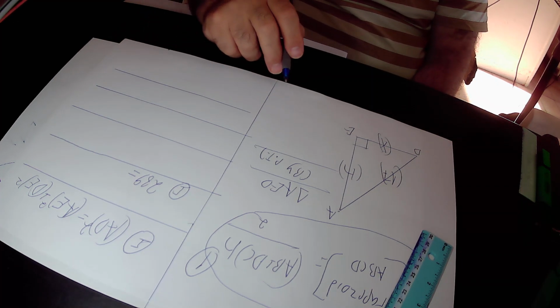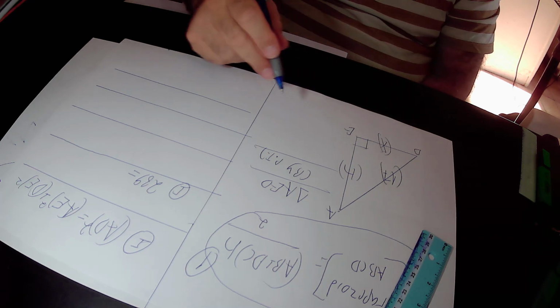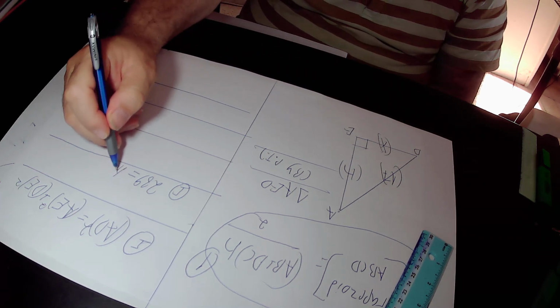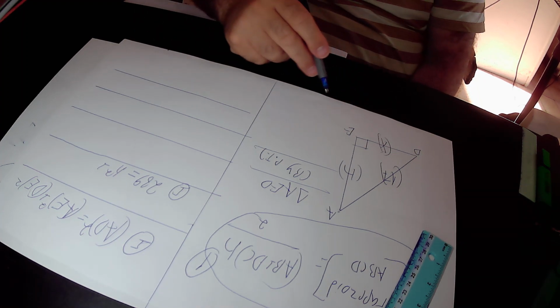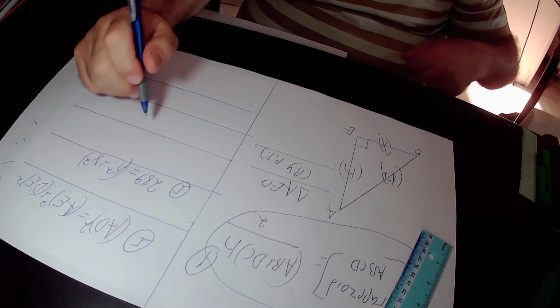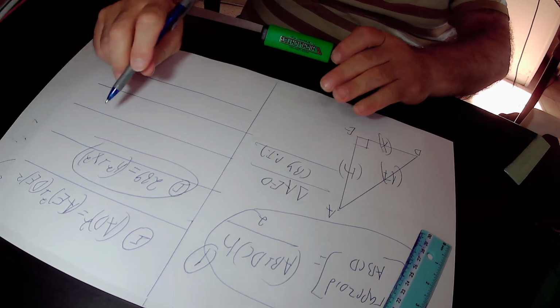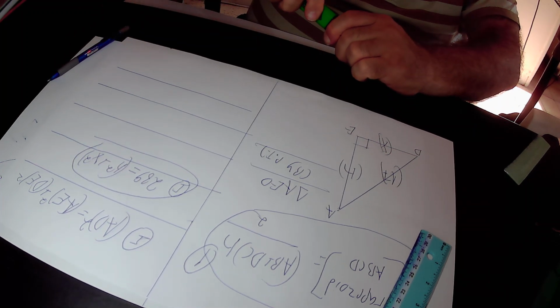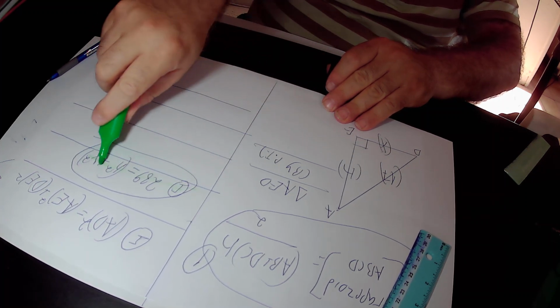And it is equal to AE square. AE is 8, therefore AE square is 8 squared, plus DE square. DE is x, therefore DE square is x squared. So in total, according to equation 1, we found that 8 squared plus x squared equals 289.